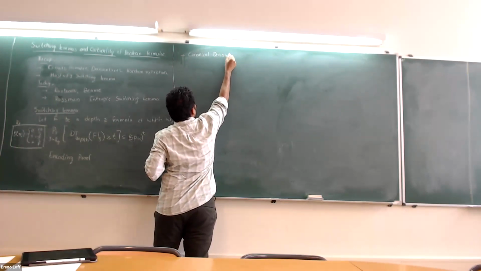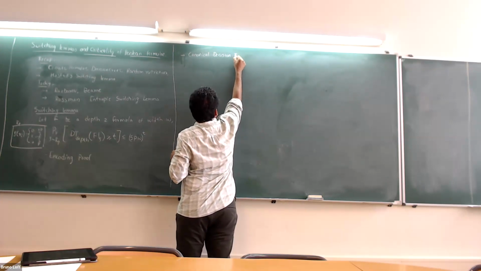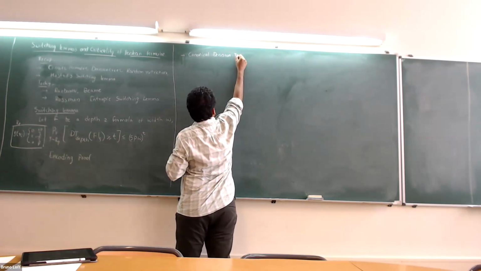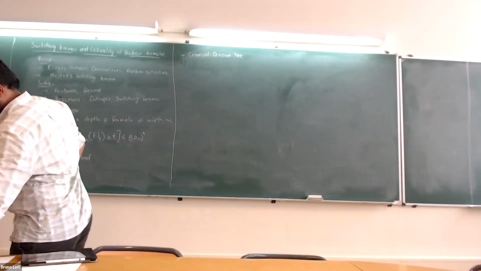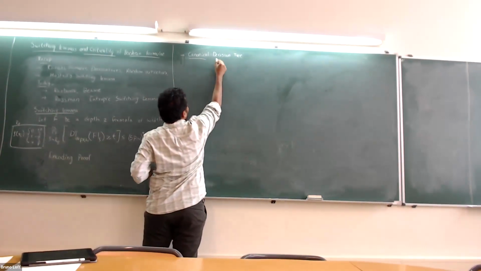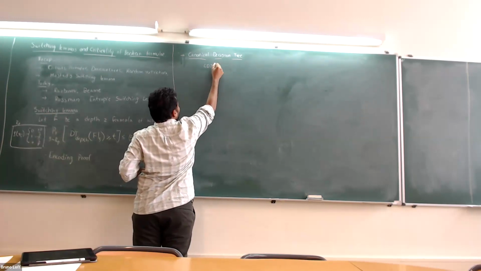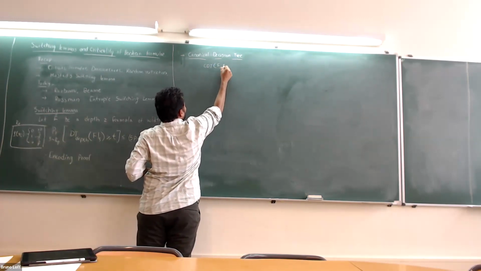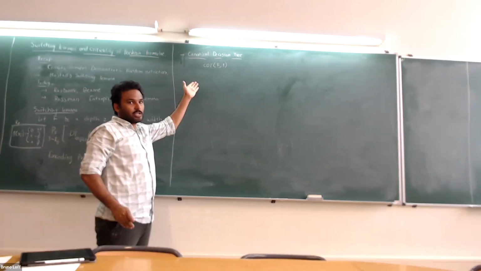This is a specific way of defining the decision tree. So this canonical decision tree is defined by an algorithm which constructs it.